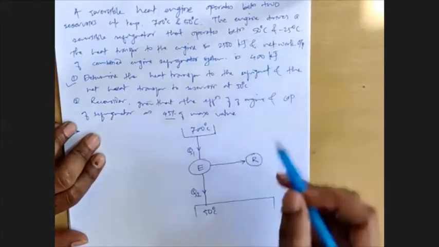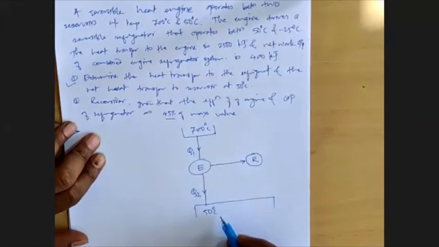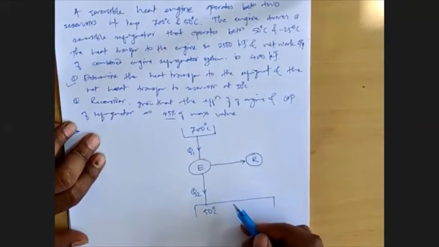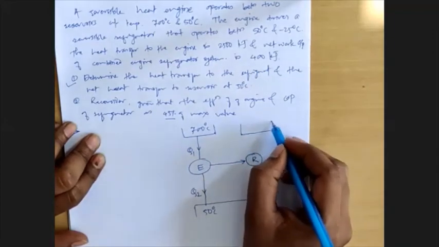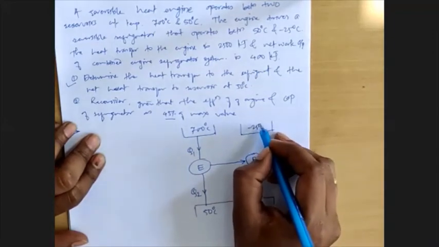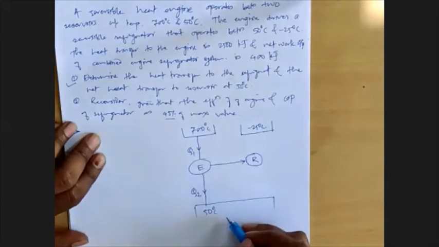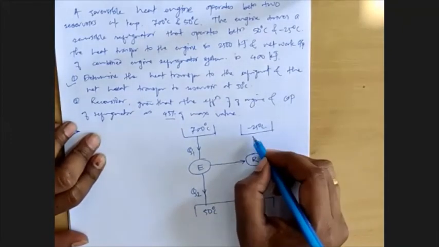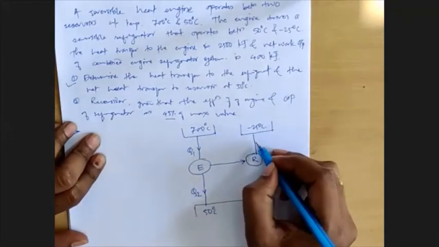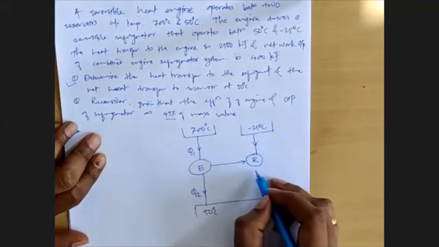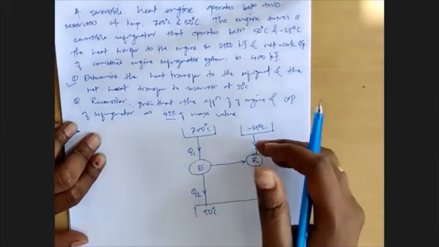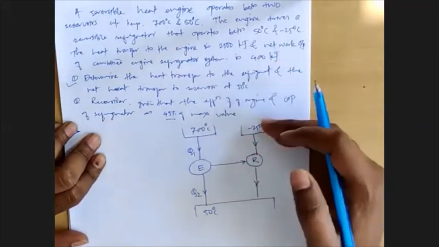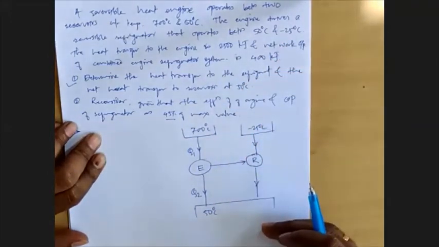So let's consider that this refrigerator is interacting between minus 25 degrees Celsius and 50 degrees Celsius. A refrigerator always transfers heat from a low temperature body to a high temperature body, so it takes heat from the minus 25 degrees Celsius source and delivers it to the 50 degrees Celsius source.